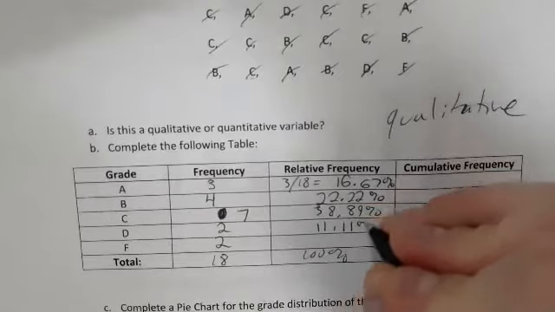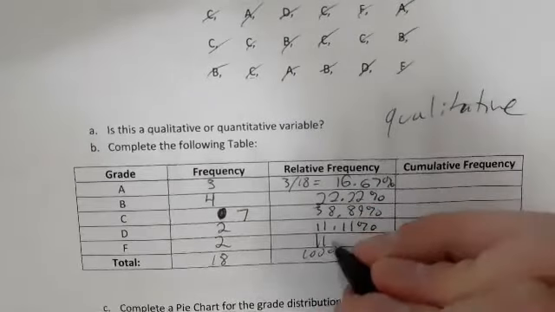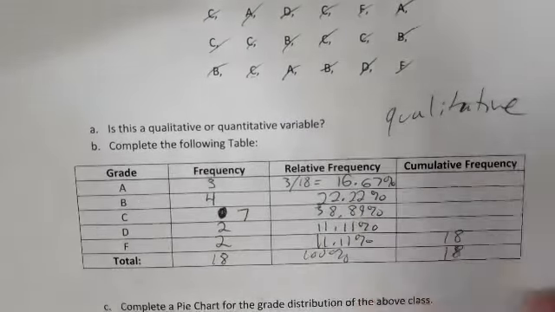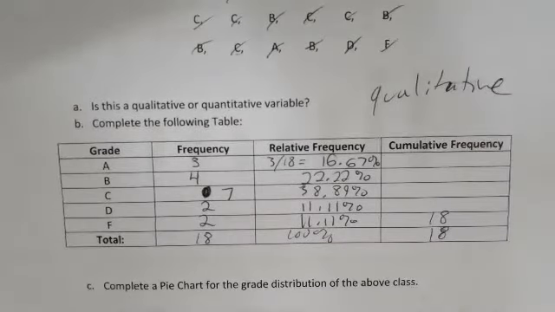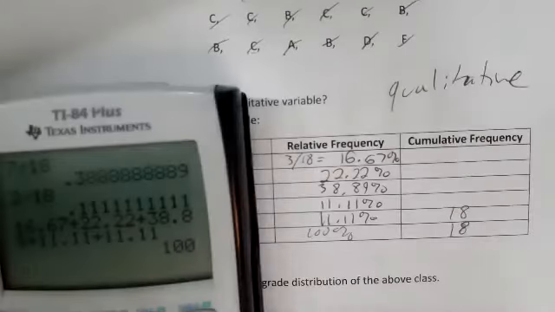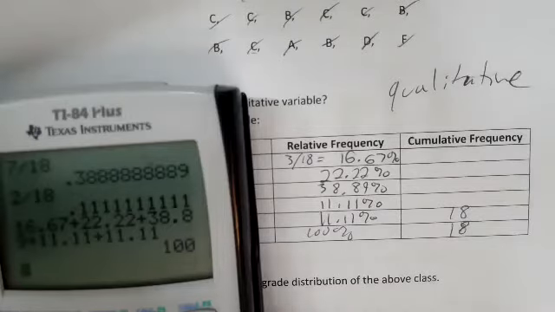And the last one, 2 out of 18 gives me 11%. So now I want to add these things, 16.67, 22.22, 38.89 and 11.11 twice. This one does give me a perfect 100%. I think that's because I rounded some of them up and some of them down. It ended up balancing it out.